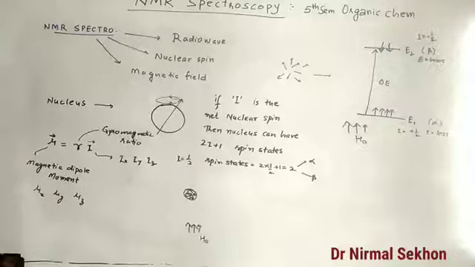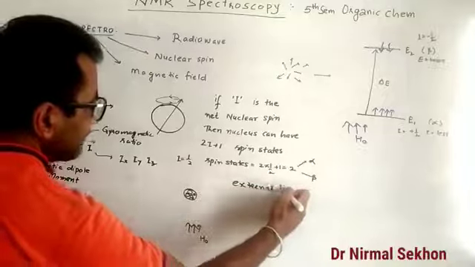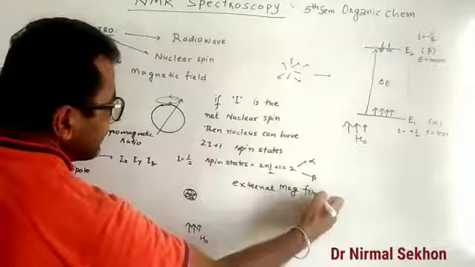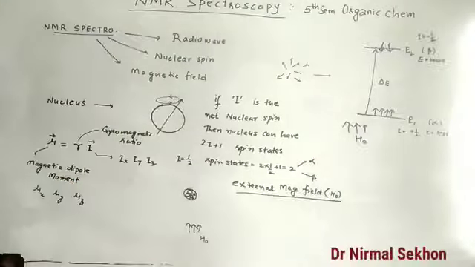So when we apply a magnetic field, this magnetic dipole interacts with the external magnetic field, which is taken as H0. The energy of interaction is given by a formula.